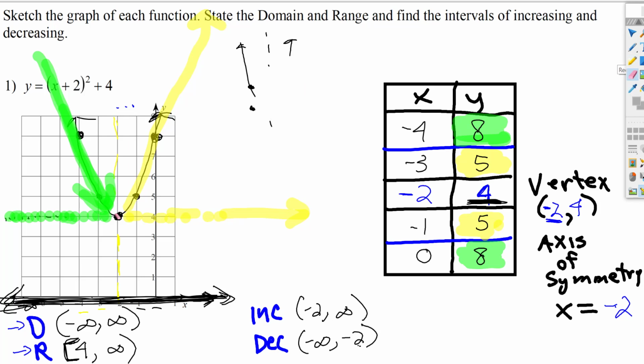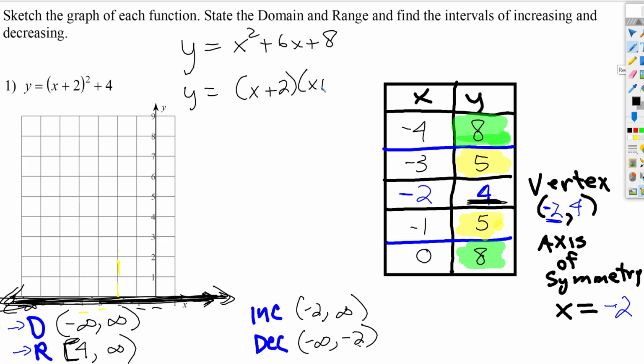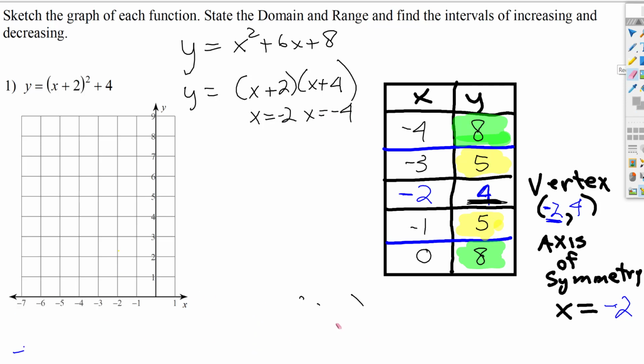And sometimes you're not going to have this in vertex form. You could have y is equal, say, x squared plus 6x plus 8. Well, that's a quadratic that you could factor. Factors of 8 that add up to 6. But now we know the two x values. So watch what this does for us. I'm going to erase all this.